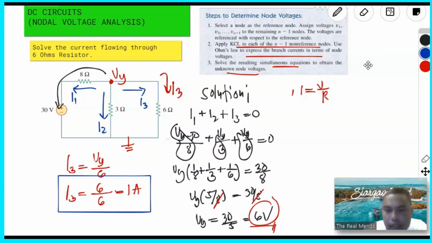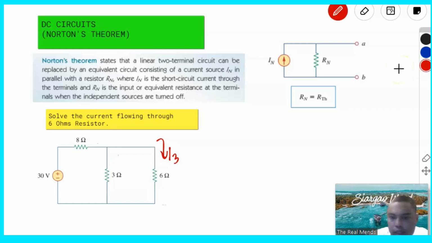Okay, next is the Norton's theorem, which states that a linear two-terminal circuit can be replaced by an equivalent circuit consisting of a current source IN in parallel with the resistor RN.